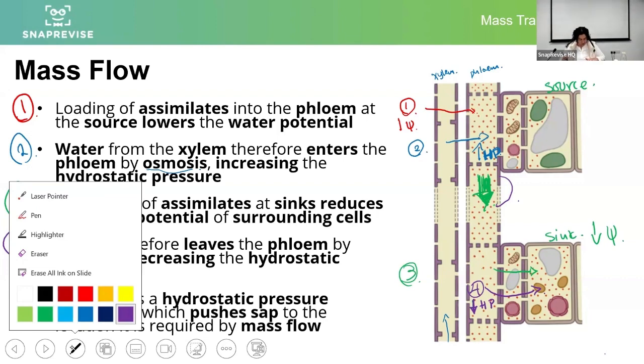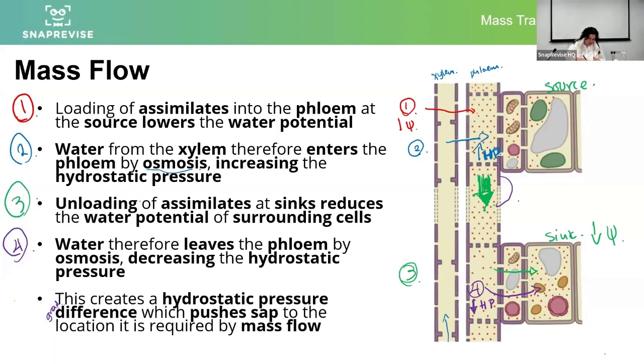Let's do orange. Hopefully those are different enough. So step number 5 basically refers to this net hydrostatic pressure that is created.